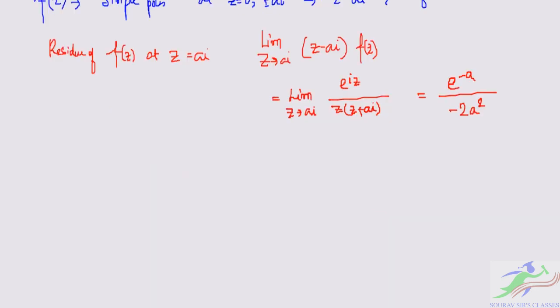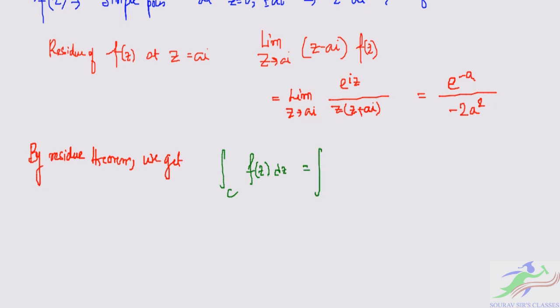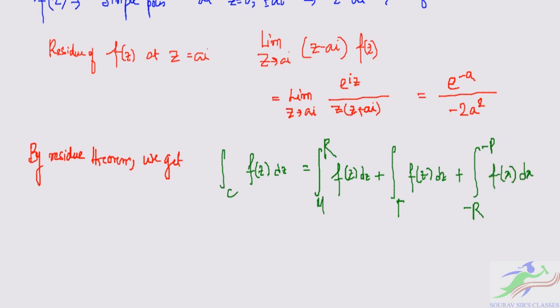By the residue theorem we get the integral over C of f(z) dz equal to the integral from minus R to minus rho of f(x) dx, plus the integral over capital tau of f(z) dz, plus the integral from rho to R of f(x) dx, plus the last one, the small semicircle y, the integral of f(z) dz.